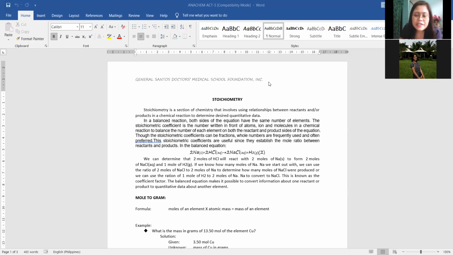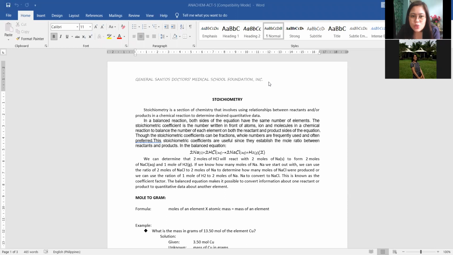So actually, your activity number 5 is related to our lesson this morning. It's all about stoichiometry, which is a part of the study of chemistry na naga-quantify sa amount sa atuang substance, either the element or the compound.